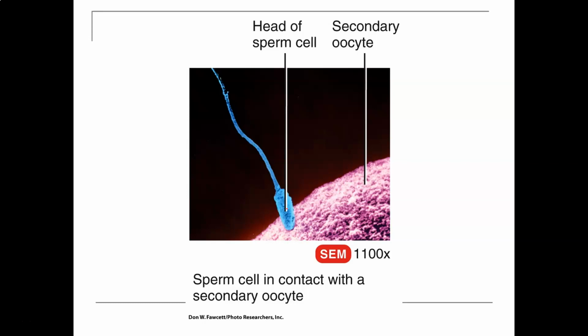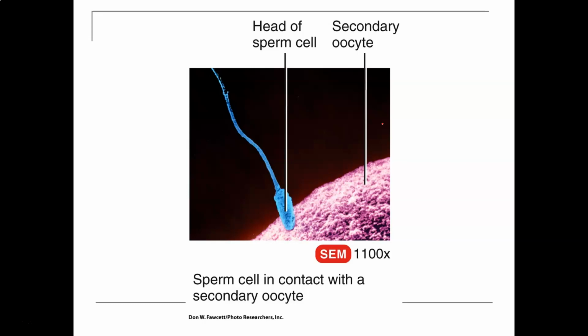So if you put those two pieces of information together, you can kind of estimate, anyway, how many days in an ovarian cycle could introduction of the sperm into the female reproductive tract, i.e. intercourse, result in fertilization.